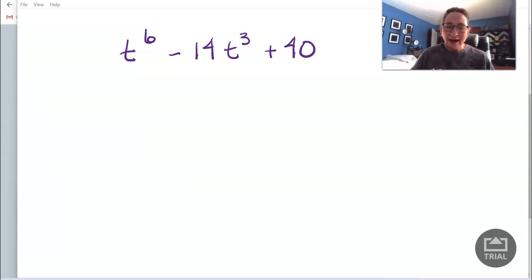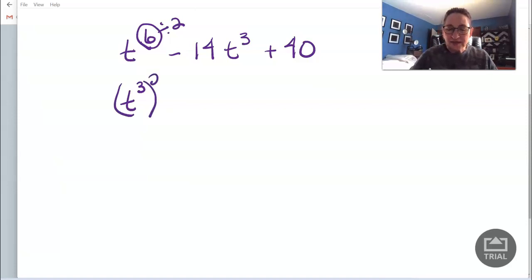I really want this 6 to be an exponent of a 2. So if I divide that 6 by 2, that'll give me a 3. So this can become t cubed raised to the second power. So you can remember from your properties of exponents that when you have an exponent raised to a power, you multiply that 3 times 2, that gets you back to that 6.